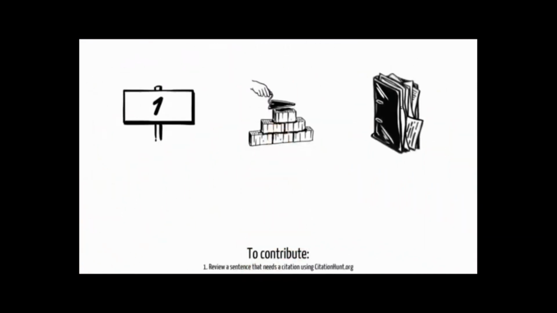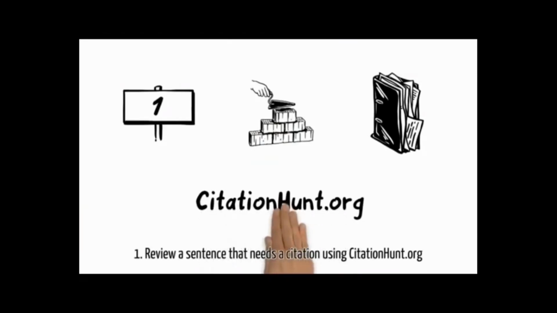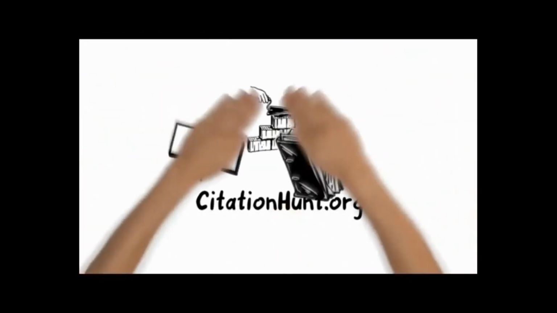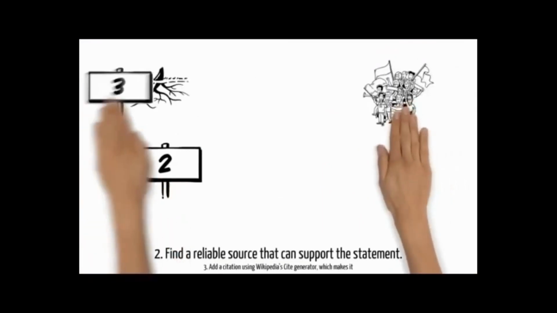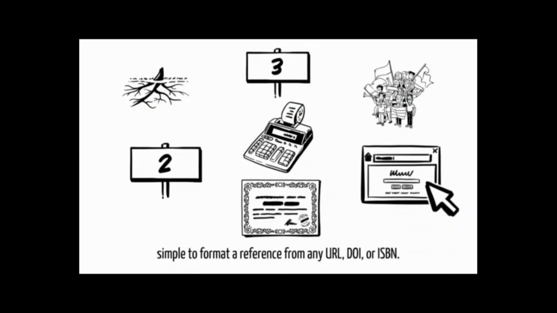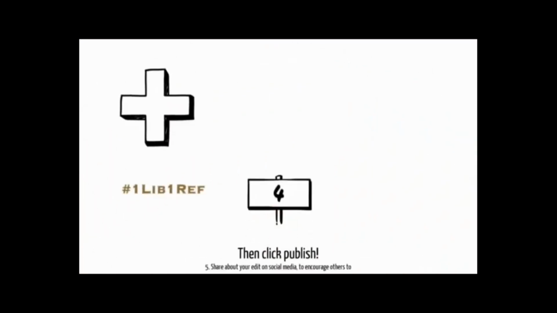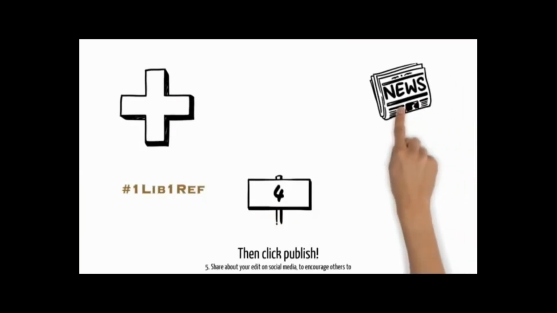To contribute, first, review a sentence that needs a citation using citationhunt.org. Second, find a reliable source that can support the statement. Third, add a citation using Wikipedia's citation generator, which makes it simple to format a reference from any URL, DOI, or ISBN. Fourth, add the project hashtag OneLibOneRef in the Wikipedia edit summary, then click Publish.